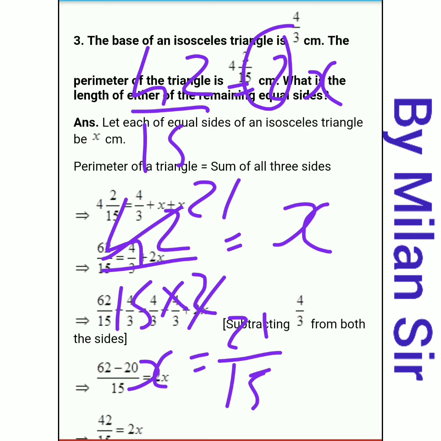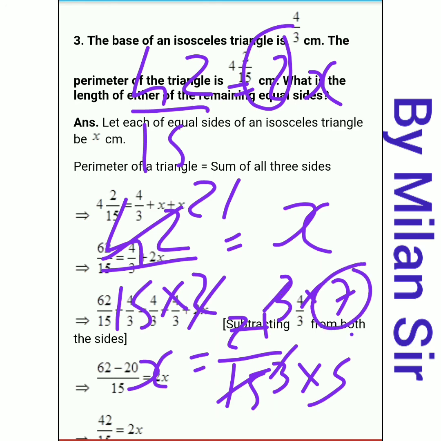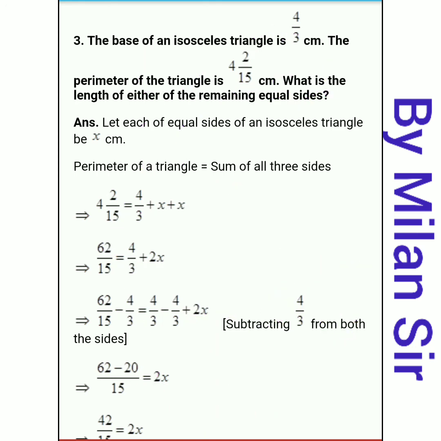Again we can simplify: 3 sevens are 21 and 3 fives are 15. The 3s cancel, so finally the numerator is 7 and the denominator is 5, that means x is equal to 7/5.